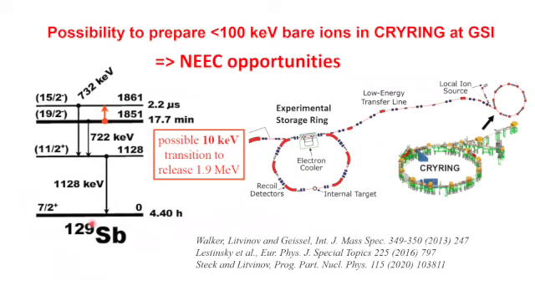For example, antimony-129, there could be a 10 keV excitation, and it should be possible to do a storage ring experiment where all the electrons are stripped off, and then when the nucleus stops in a foil, having been cooled down in this suggestion using CRYRING at GSI, then the capturing of all the electrons may be able to excite this pathway and de-excite the isomer.